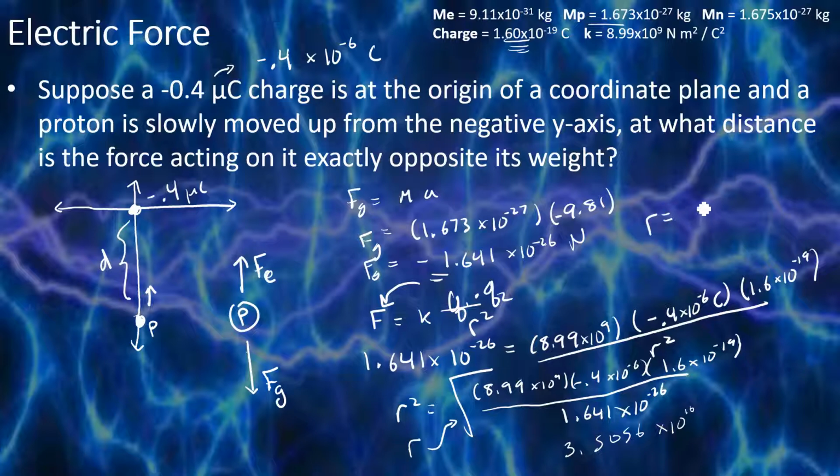I get R equals 1.8723 meters. All right. Why can it be so distant? Let's see, that's over what? Over several hundred kilometers. So very distant. Why is that the case?